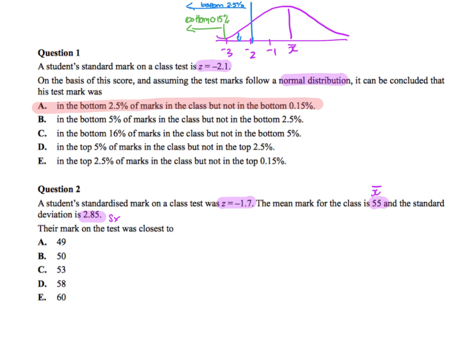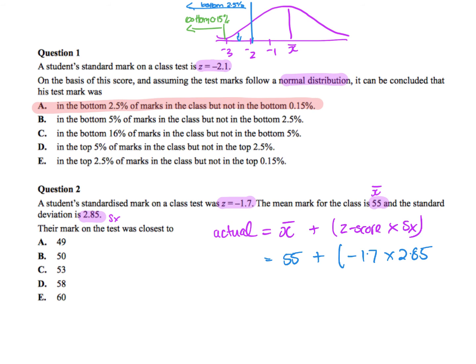So you want to use that formula from before where we had actual equals the mean plus the Z score times the standard deviation. If you plug in that data here, we'd have the mean is 55 plus negative 1.7 times 2.85, and the closest it is is probably 50.